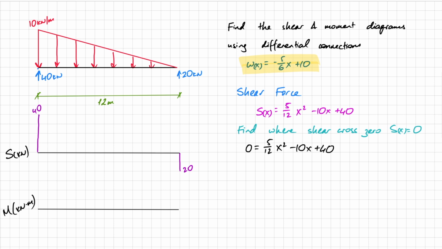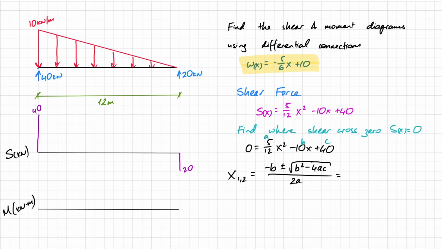And you probably all remember how to solve this, but x1, 2, so the roots of this equation, are going to be minus b plus minus a square root of b squared minus 4ac divided by 2a, where, as you recall, this is a, b, and c.